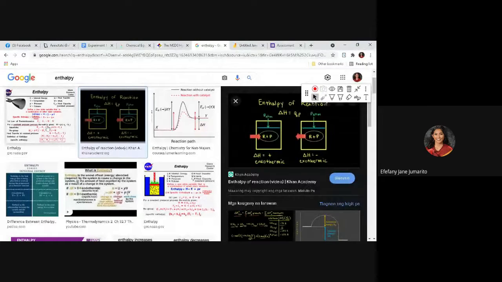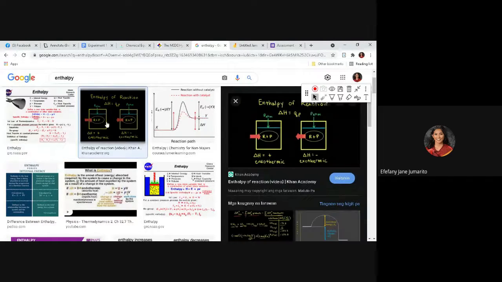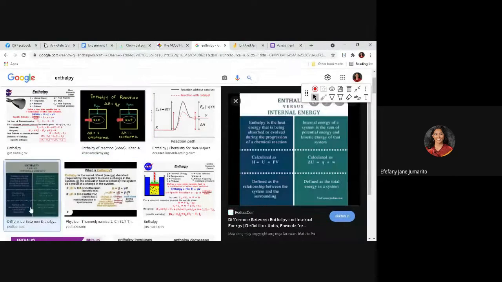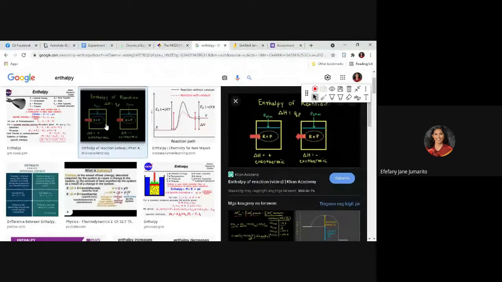Therefore, endothermic is when we have a positive enthalpy. Okay, class. All right. So endo, positive; exo, negative.